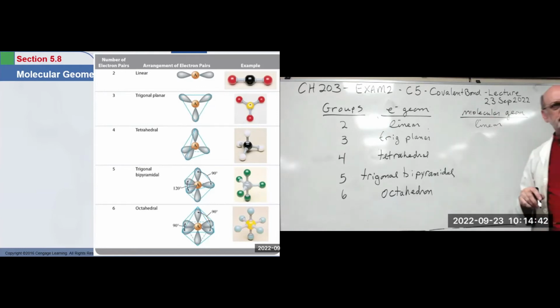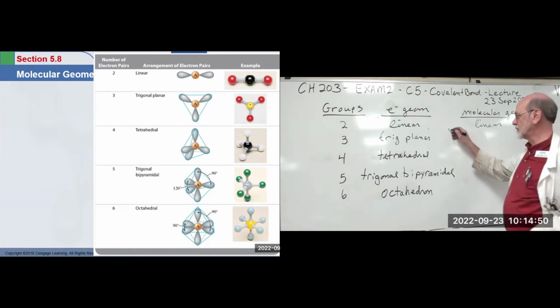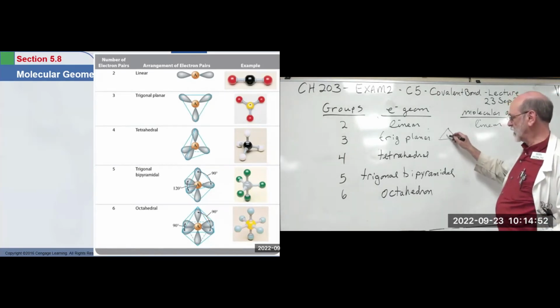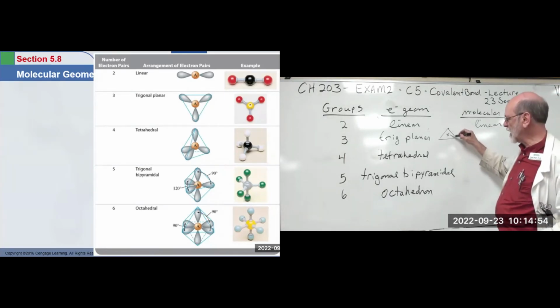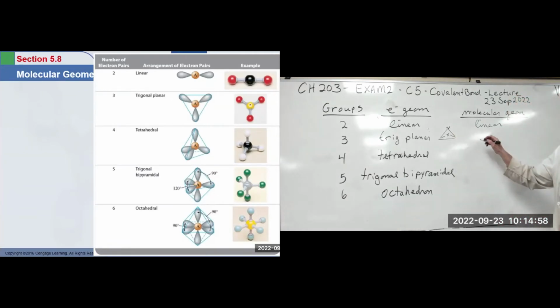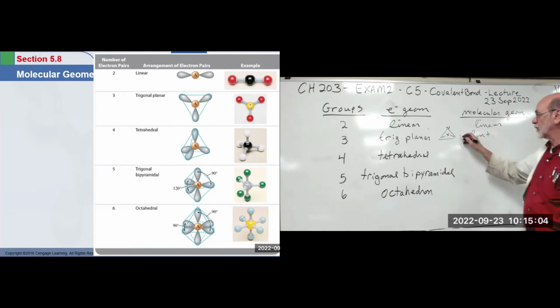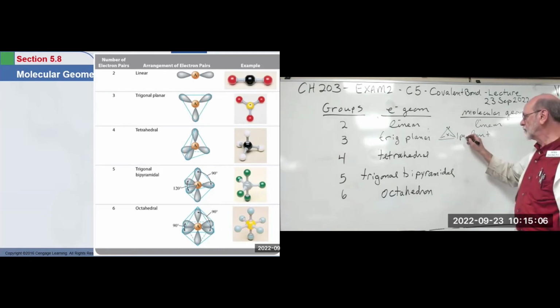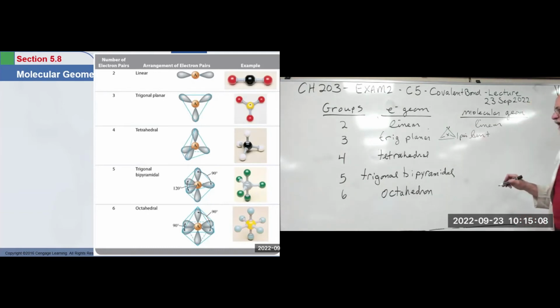Trigonal planar, right? What if you have one lone pair in a trigonal planar? What does that mean for the others? Well, if there's a central atom here, and you got a bond here and a bond here, but a lone pair there, what's that? That's bent, isn't it? Bent, for one lone pair. Well, if you have 2 pair, you're back to linear, right?